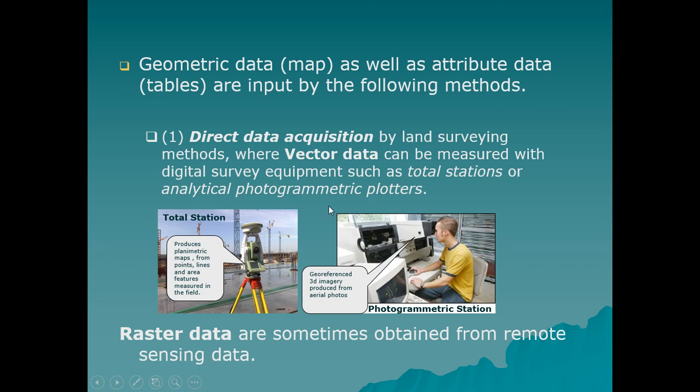So this is the kind of data that photogrammetric plotters would allow you to acquire. Right, then of course we have raster data that are sometimes obtained from remote sensing data. Remember, remote sensing data would be satellite imagery and also aerial photos.